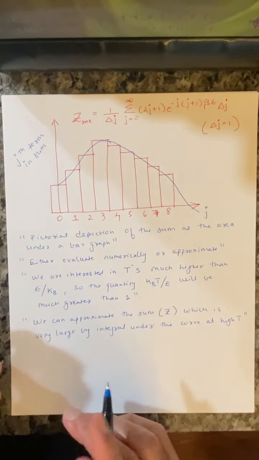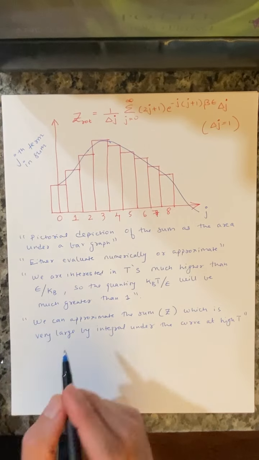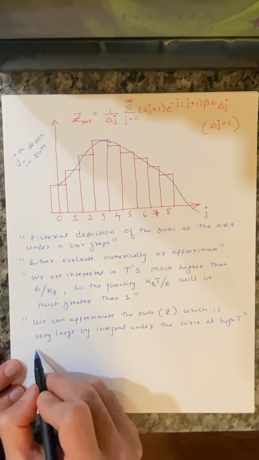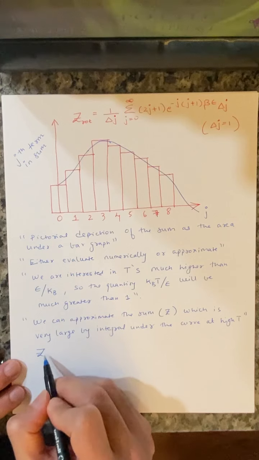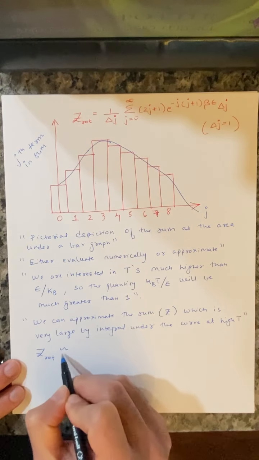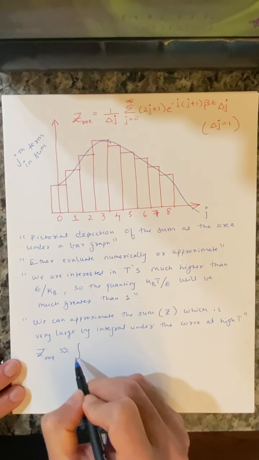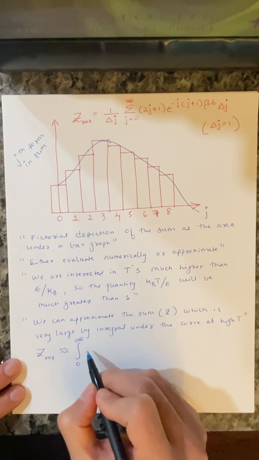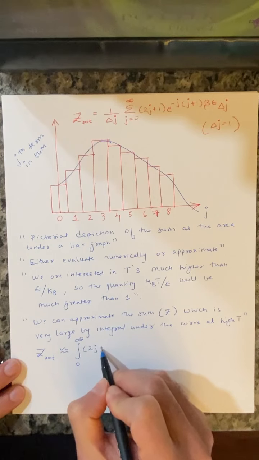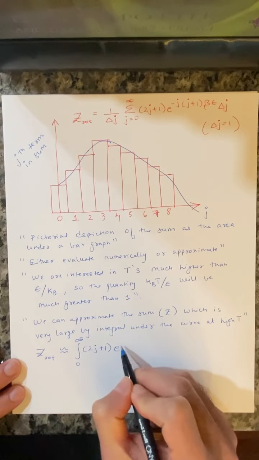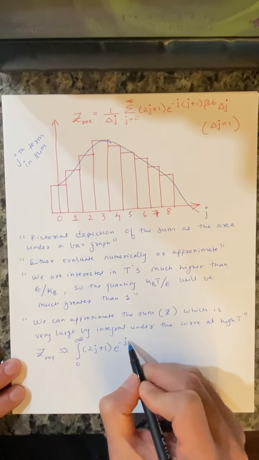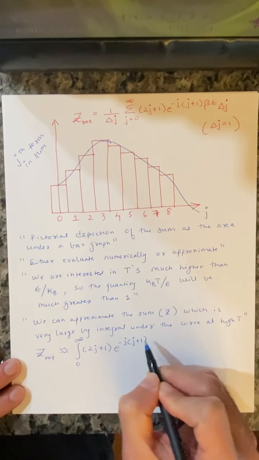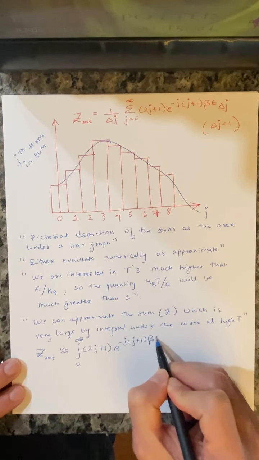So let's write down. This point, Z rotational is going to be approximately equal to the integral from 0 to infinity of (2j plus 1) e raised to minus j times (j plus 1) beta e.